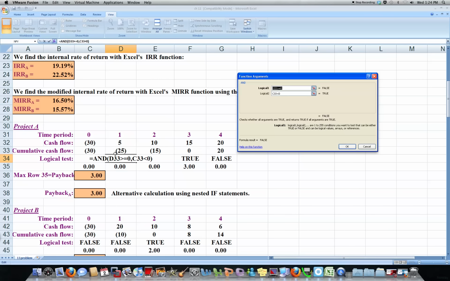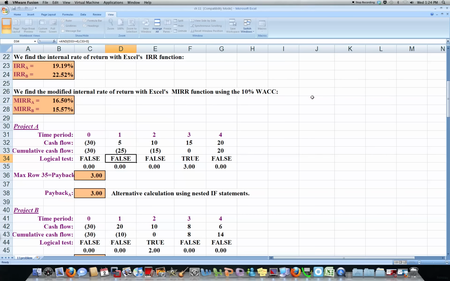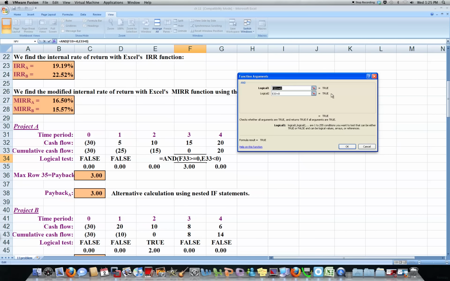If C33 is less than 0, it equals true. Whenever we look at D33, it's greater than or equal to 0, so it's going to be false. When F33 is greater than or equal to 0, it's going to be true. Otherwise, it's false. So we're finding that it's true.